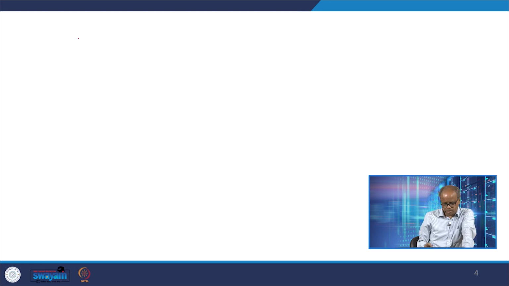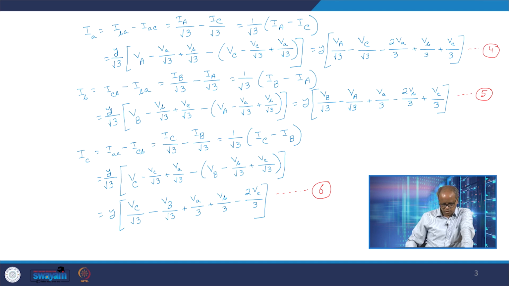Now please note, one thing you must remember, when we said that we would like to do a transformer, our transformer model principle was that if I have any connection of transformer, and this is phase A, phase B, phase C, then I capital A, I capital B, I capital C are entering the transformer, and the model which we seek is that at the secondary side also the currents should be entering, I small a, I small b, and I small c.